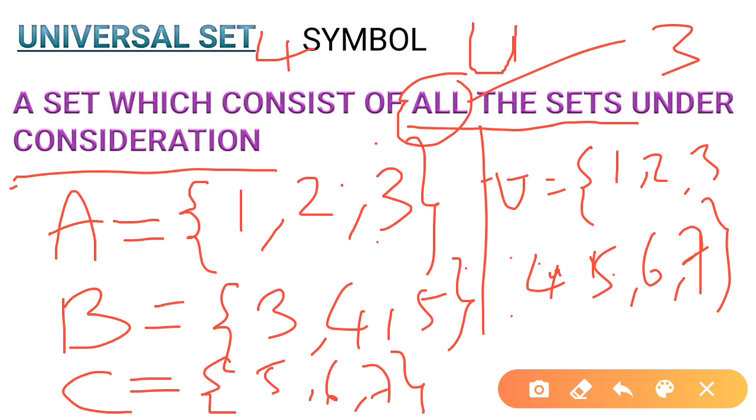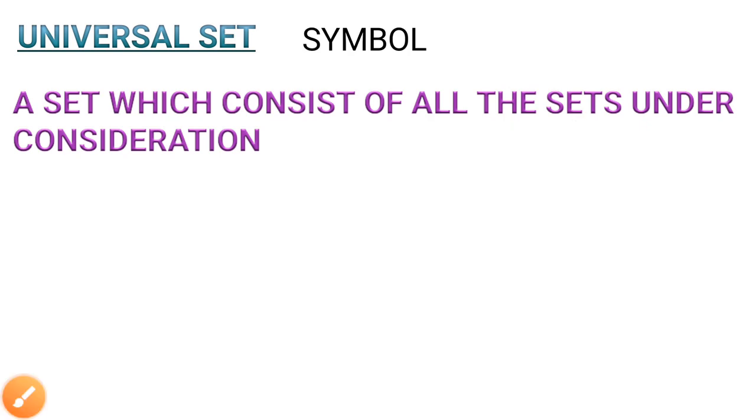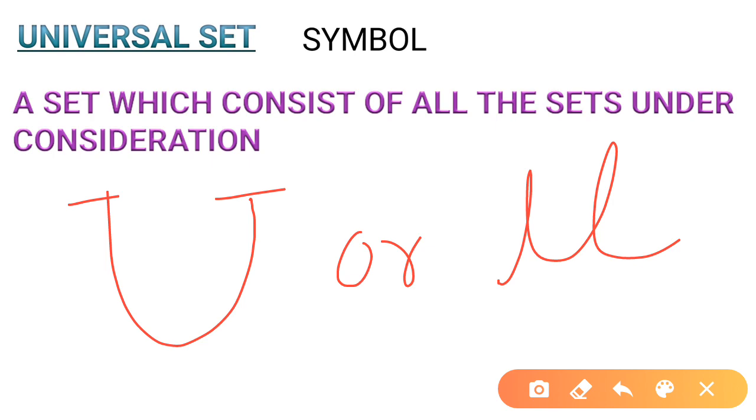The universal set symbol is U or mu. So universal set means a set which consists of all the sets under consideration. This is what a universal set is.